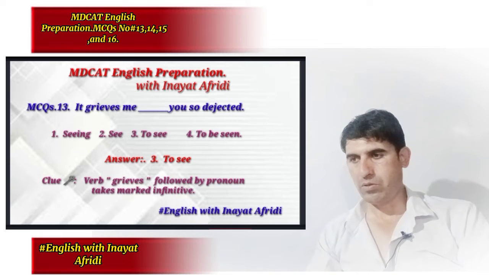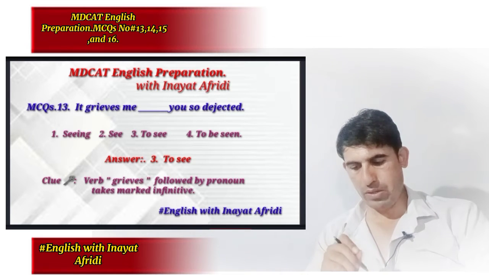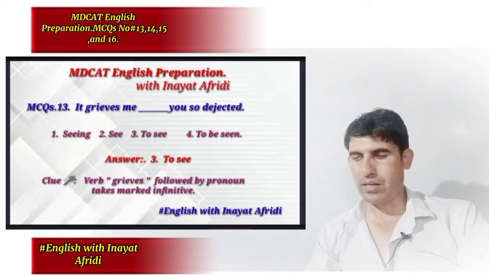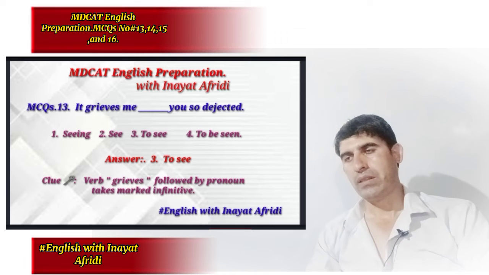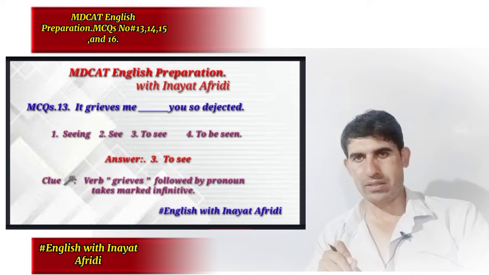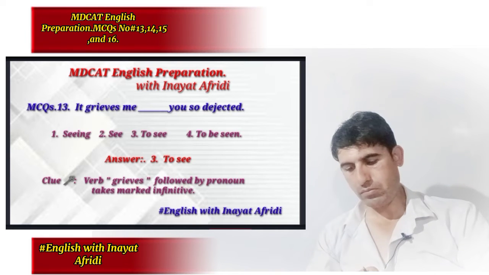So me here is the objective case of the pronoun, and it directly follows the verb grieve. So the rule is that if we have the verb grieve within a sentence and it is followed by the objective case of the pronoun, we use the infinitive form, and that is the marked infinitive. Marked infinitive means to plus the base form of the verb.